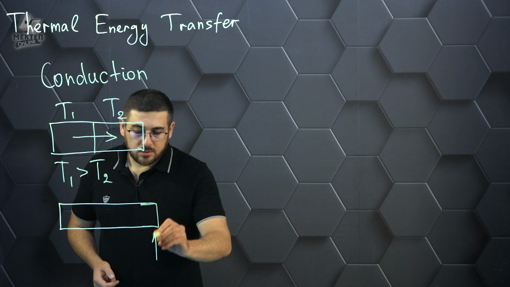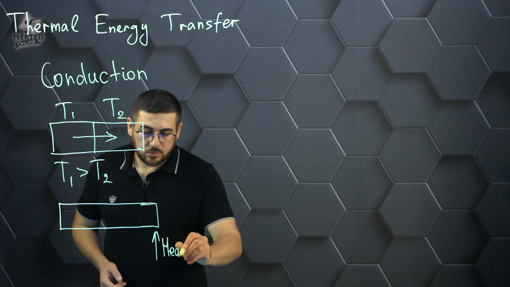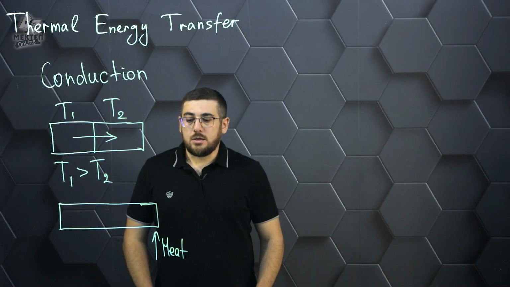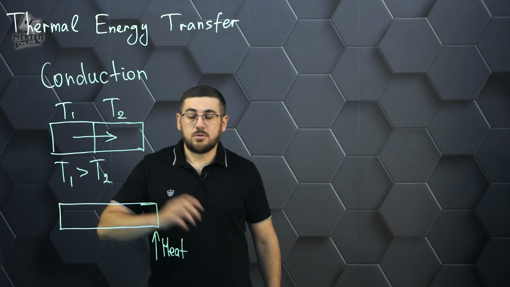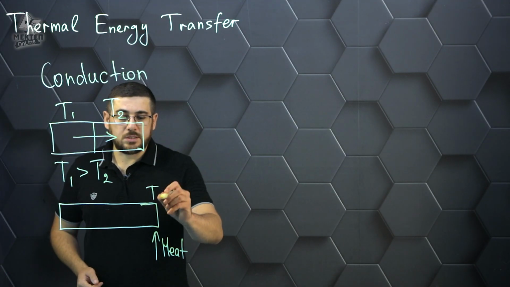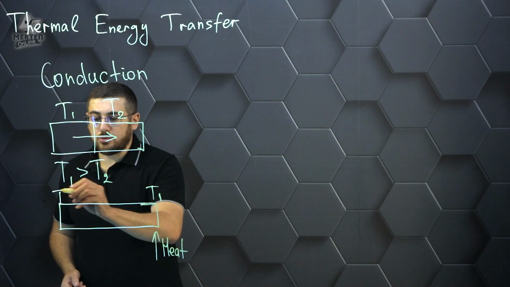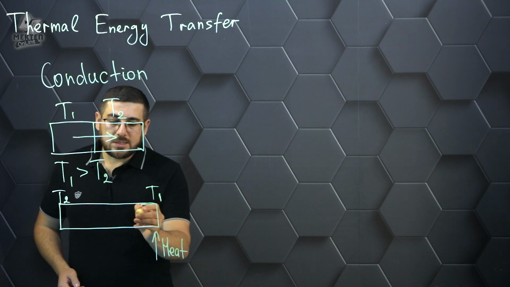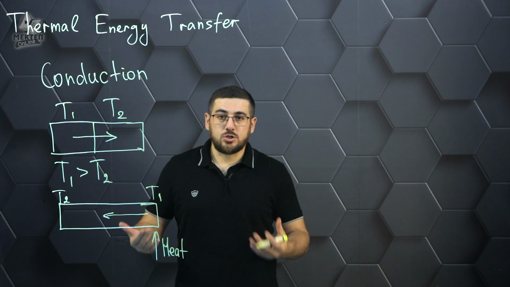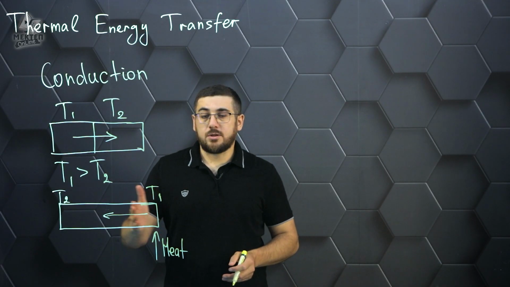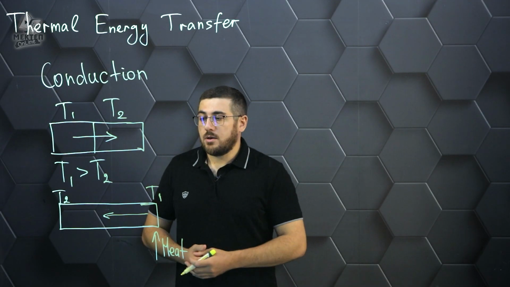That is, we start to supply heat here. And it is clear that the temperature in this part will be much higher than on the other side. Here we can see the difference between the temperatures at the ends of the rod. And it's natural that the heat starts to gradually transfer from one end of the rod to the other. That is, the process of heat transfer within one body begins.